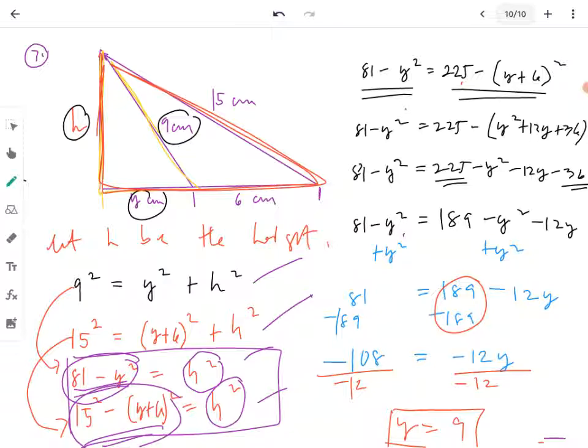We set up that equation, expanded the y plus 6 square, combined like terms, and finally got 81 minus y square equals 189 minus y square minus 12y. Removing negative y square by adding y square to both sides, we are left with 81 equals 189 minus 12y, and combining 81 and 189, we got negative 108. Therefore y becomes simply 9.